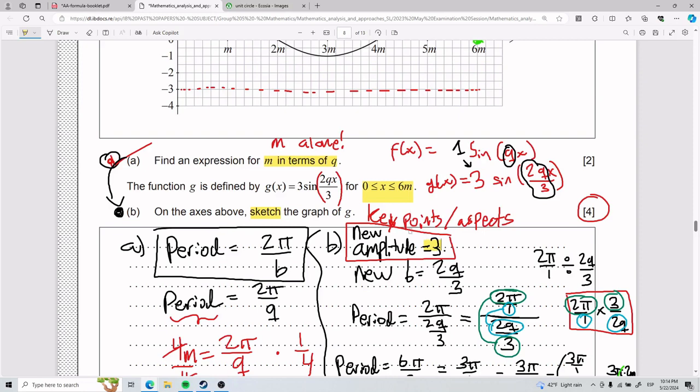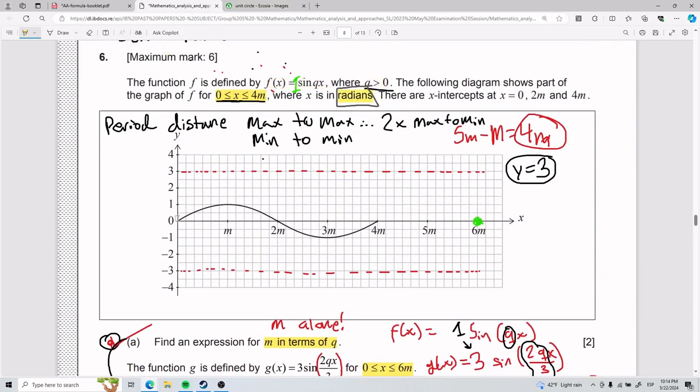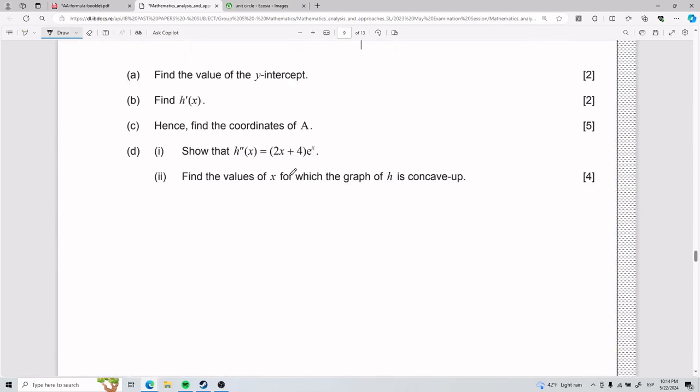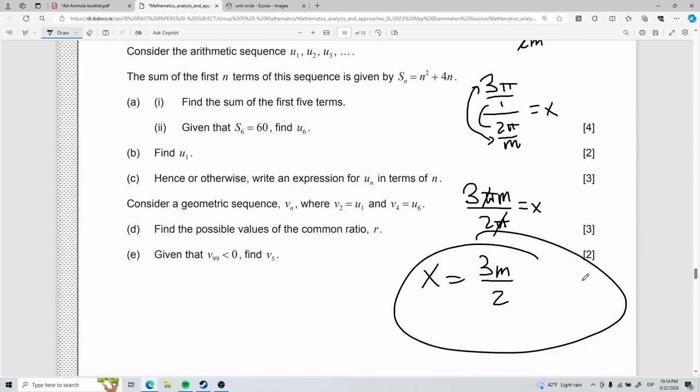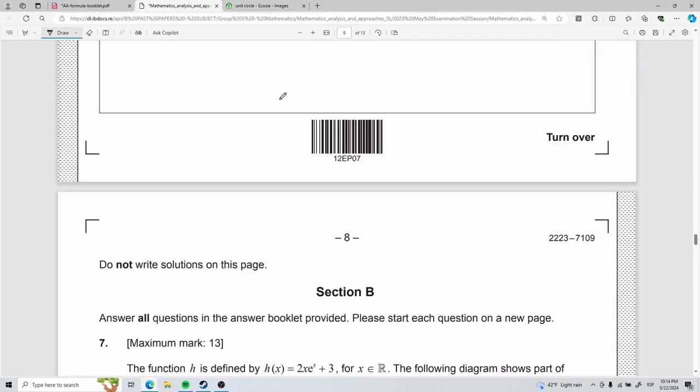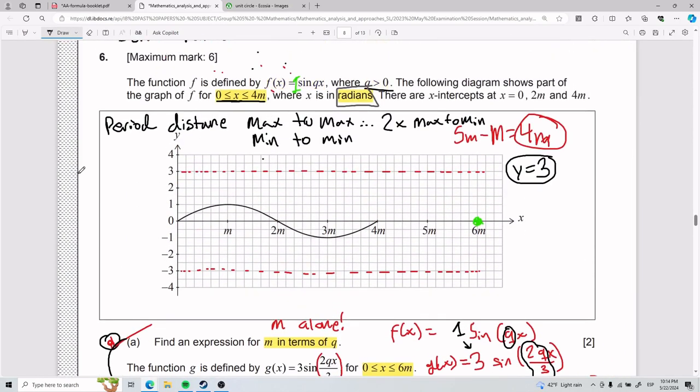So the maximum has to be at y of 3 and then x of 3m divided by 2. 3m divided by 2 is the same as 1.5m, which is right around here, is where you're going to have your maximum, okay?